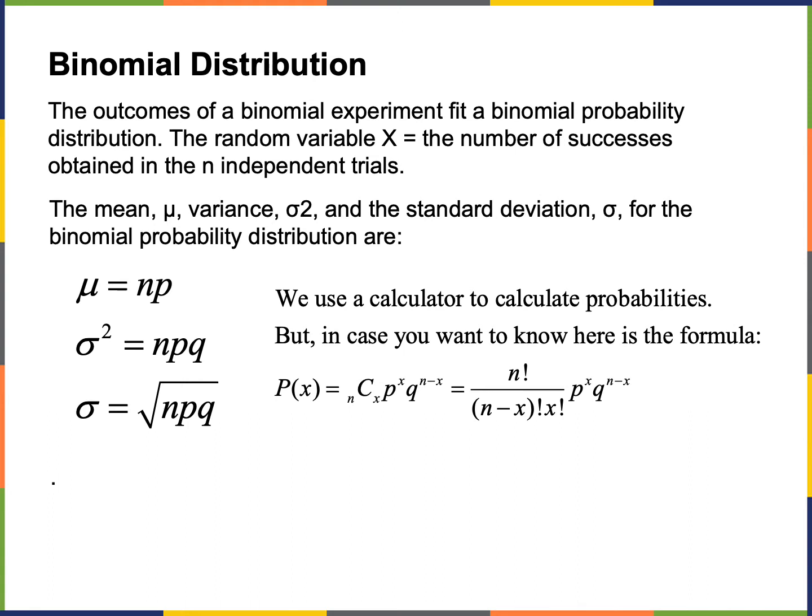The variance, which is sigma squared, is npq, so just the product. And then sigma is the square root of the variance, of course. So these are three formulas you need to be familiar with. If they say this is a binomial distribution, we need to know that these three formulas apply.